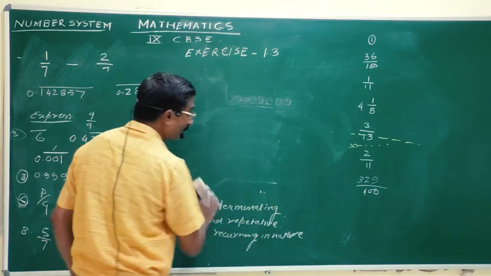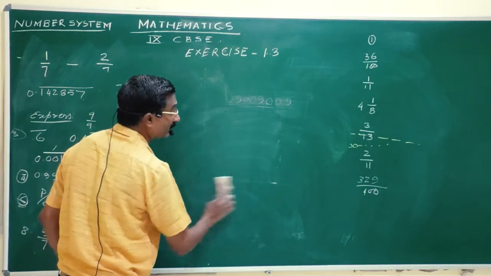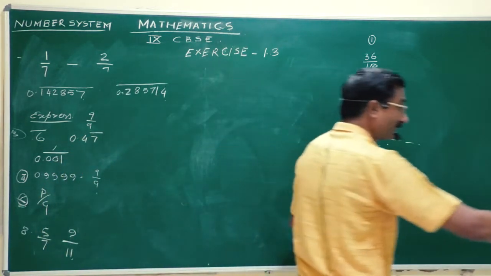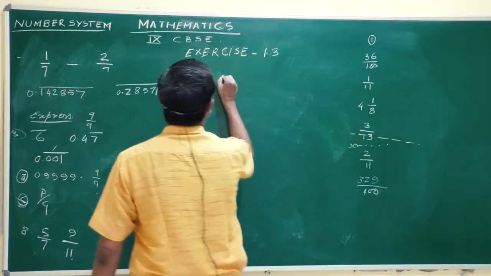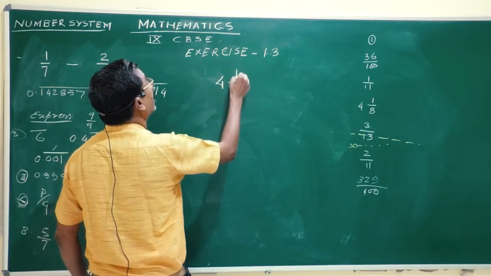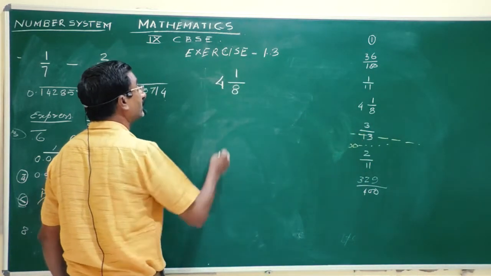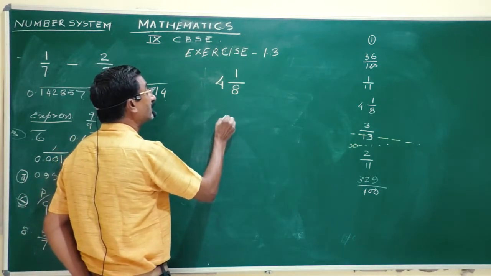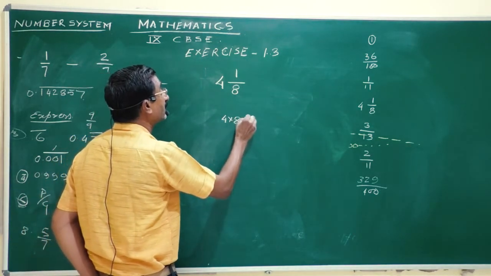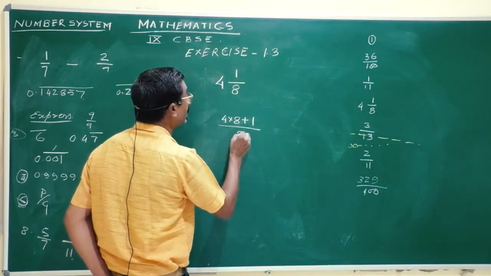Next one is 4 and 1 by 8. So this will be 4 multiplied by 8 plus 1 upon 8.